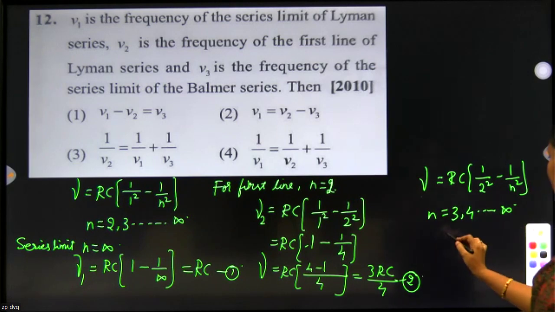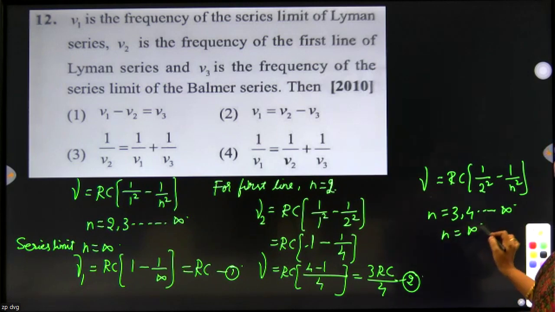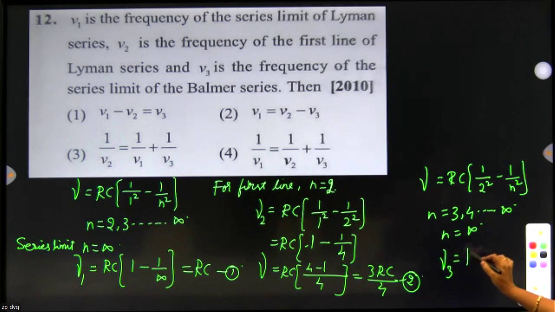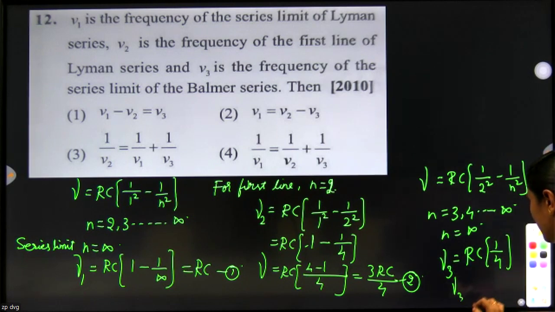For series limit, n is equal to infinity. Therefore, nu3 is equal to RC into (1 by 4 minus 0), that is nu3 equal to RC by 4. This is equation 3.